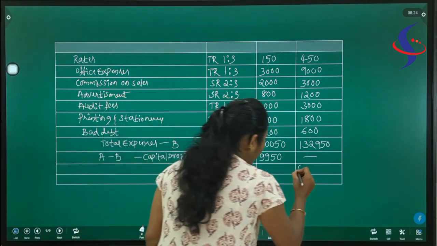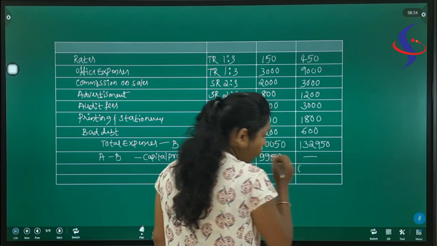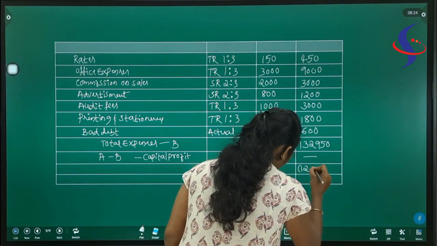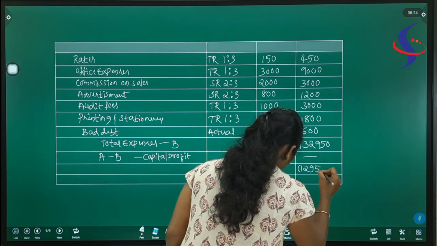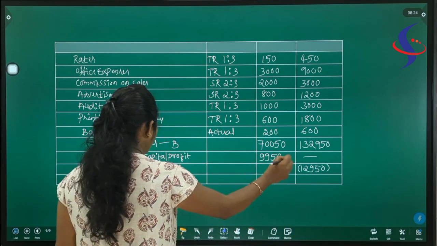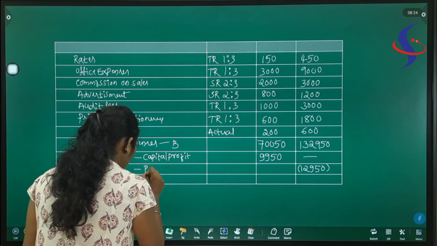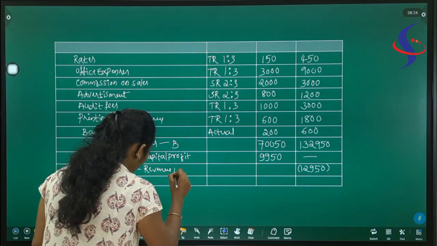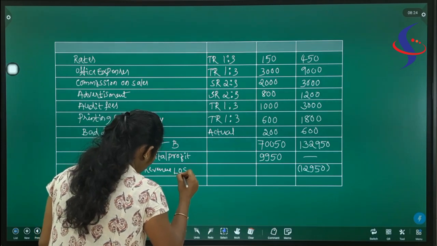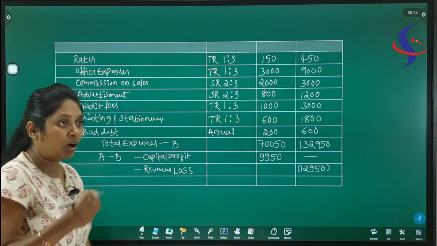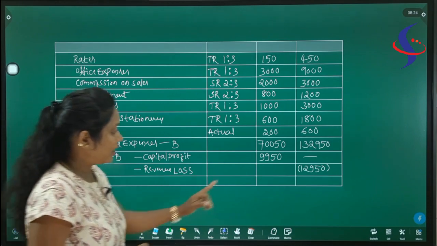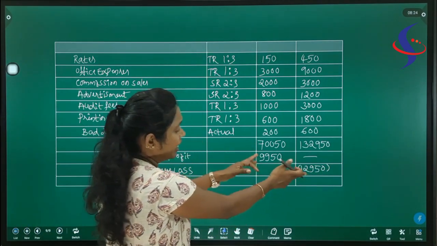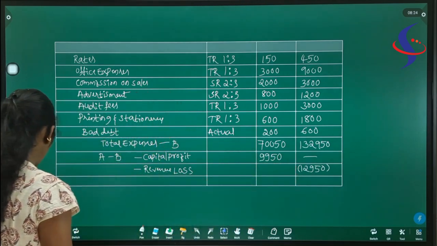It is minus, or if you put a bracket, no need to write the minus. 12,950. See, this is revenue loss. If you get a profit, it would be called revenue profit, or we normally call it net profit, but here it is a loss. That's why 12,950.